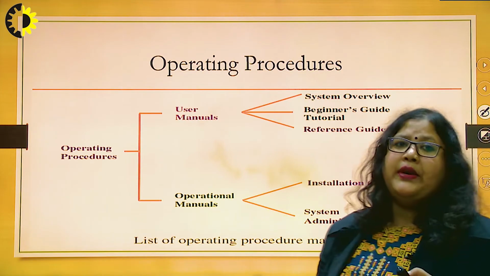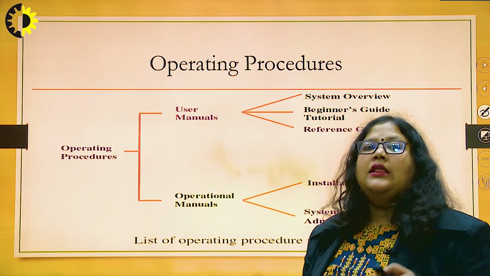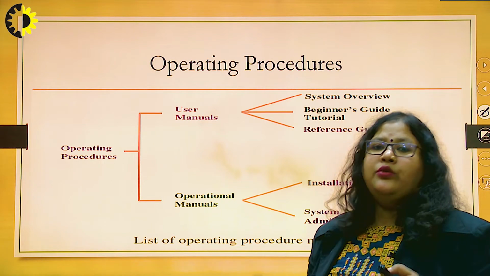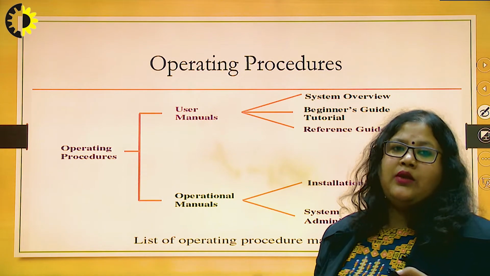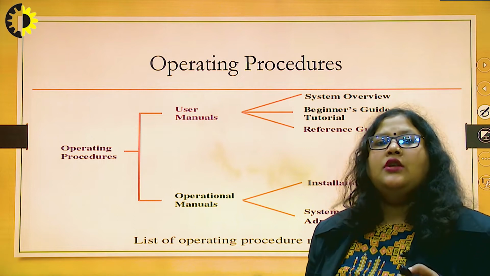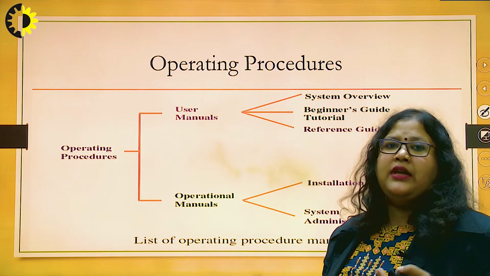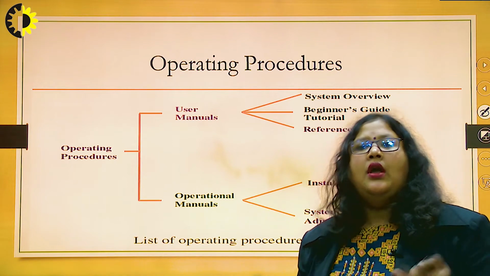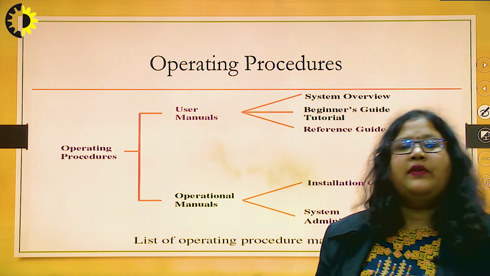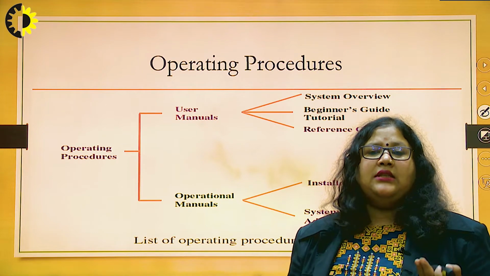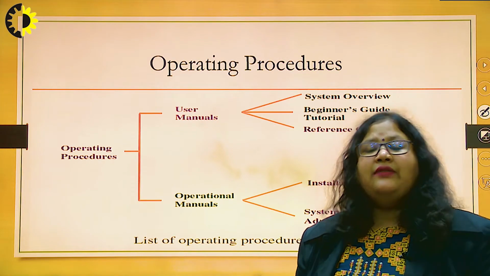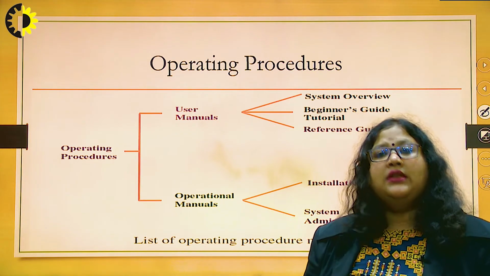Now the operating procedures. Basically, the operating procedures divide into two categories. First is the user manual, second is the operation manual. The user manual is further divided into three categories: system overview, beginner's guide or tutorials, and the reference guide. The system overview describes the system.